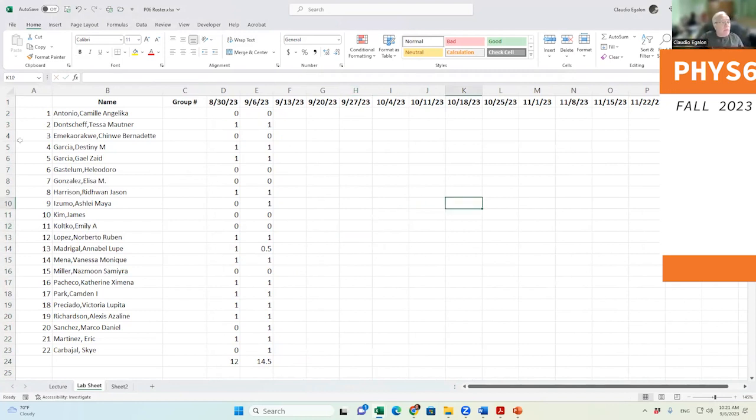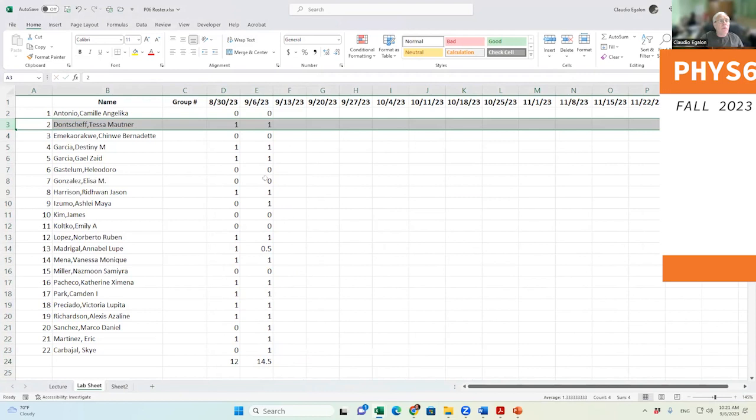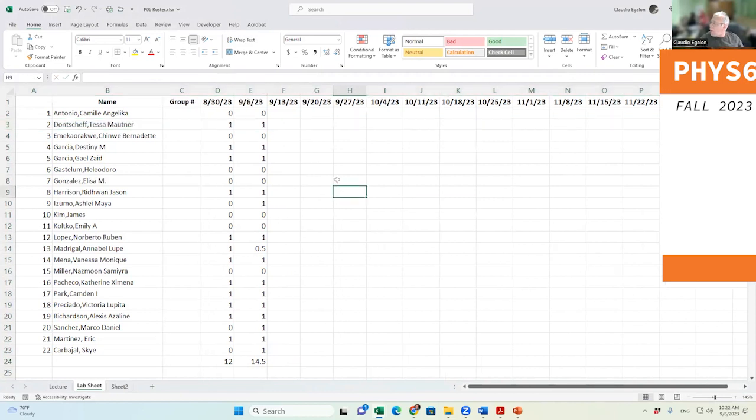Now let's start with Tessa. Tessa, do you know anyone that you would like to be in your group? No? Okay. I'll keep you in group number 1 for now. And let's see if the other group, Chinwi is not here, right? Destiny, do you know anyone in the class that you'd like to be in your group?